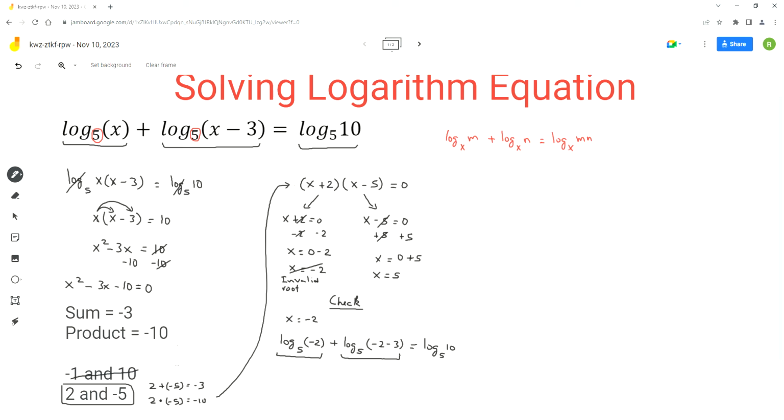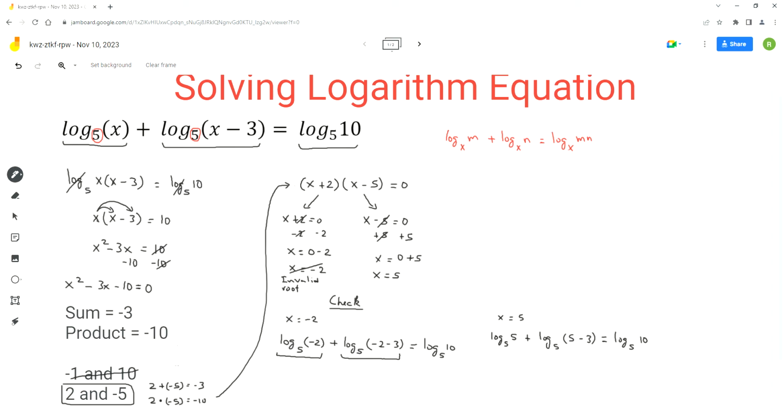Now we have to do the check for x equals 5. So we'll sub in x as 5 in the given equation, log of base 5, 5 plus log of base 5, and then 5 minus 3 equals log of 10 to the base 5.